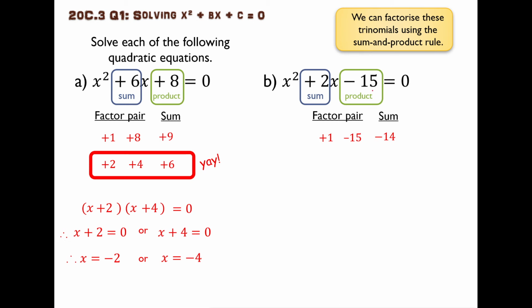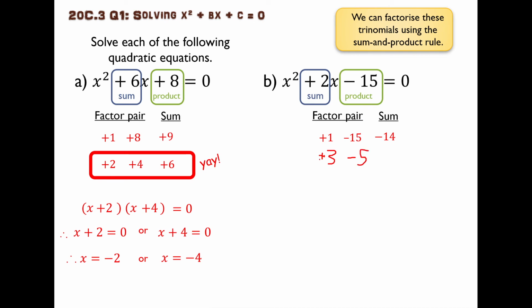Let's try, what else goes into 15? Oh, I know. 2 doesn't go into it. Let's try 3. Do you notice that I'm trying to be systematic here so that I can guarantee that I'll get to the answer? I'll just try positive 3 for now. A positive times a negative gives a negative. 3 times what will give me 15? 3 times 5.